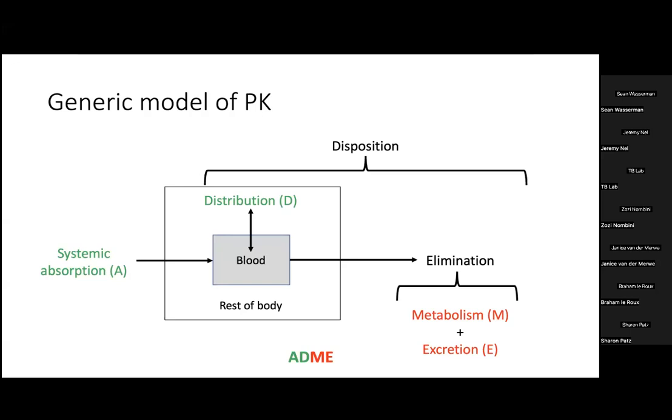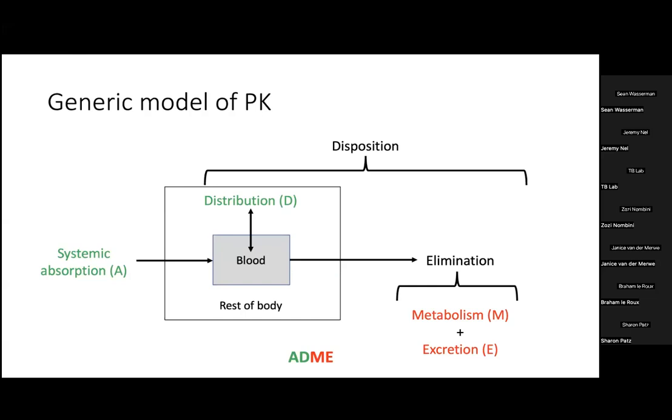And the second part of disposition is elimination, which is made up by metabolism, how the drug gets broken down, and excretion, how it leaves the body. And those 4 processes, the first letter of each one is ADME, and that's the ADME process. That's the basis for pharmacokinetics.